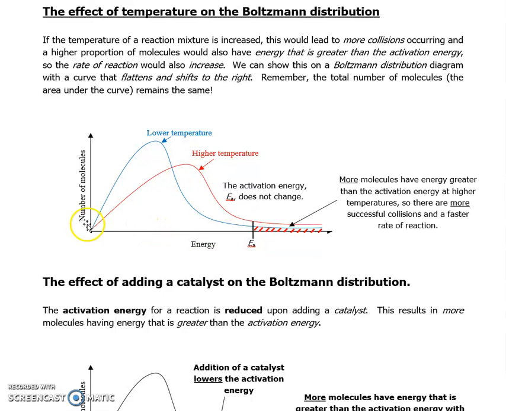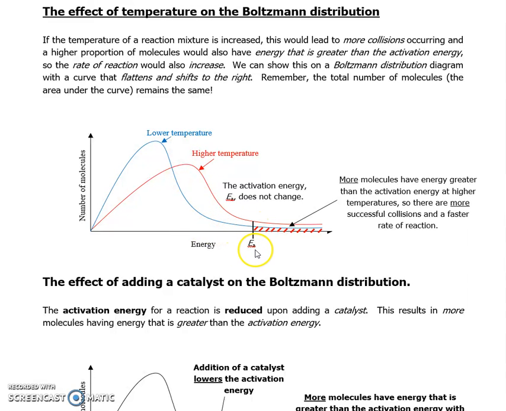The red line, when the reaction is at a higher temperature, is smaller in height, but it doesn't come down as steeply after the most probable energy. This indicates that we've still got the same number of molecules as we have underneath the blue line.